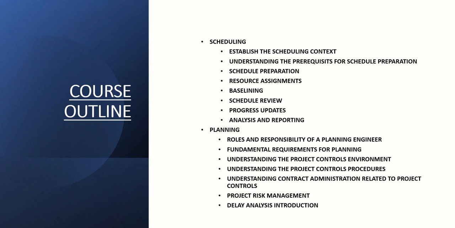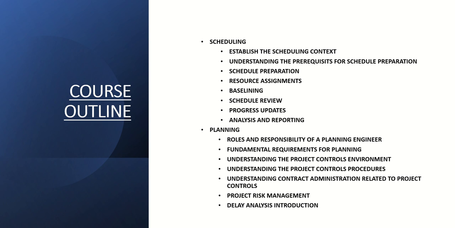So for scheduling, we're going to talk about these topics. I have not listed all the sub items here, but if you run through these main headings, we're going to cover everything else that you need to know about Primavera P6 to create a project schedule.